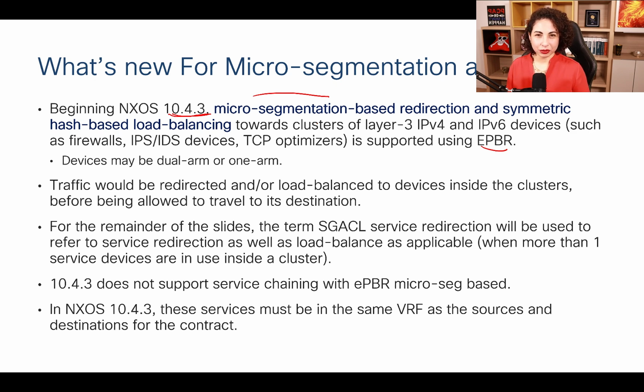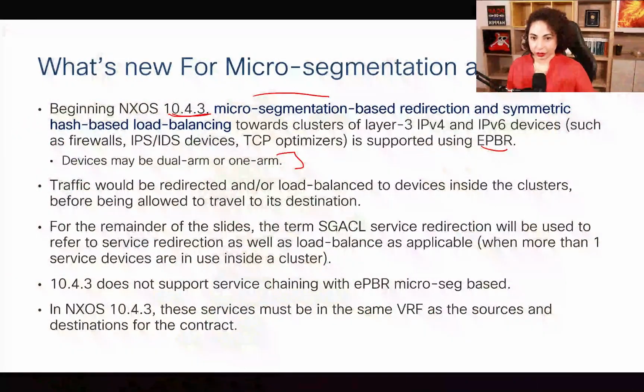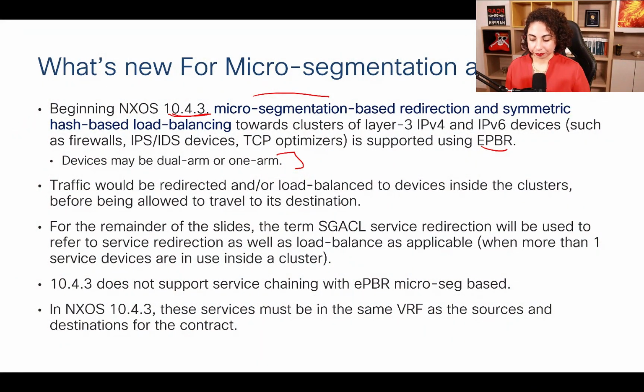I believe it was introduced in the 9.3 train, not 100% sure, but ePBR with micro-segmentation has been introduced in 10.4.3. And by the way, all those devices can be either dual ARM or one ARM. We really don't care. From the configuration perspective, if we have multiple ARMs, we have something to add in the configuration, but from the logical perspective, it really doesn't matter.